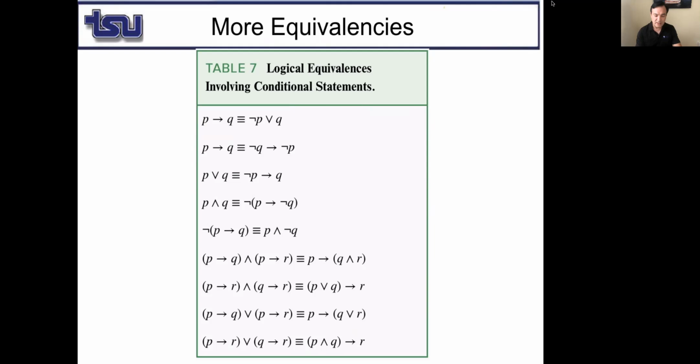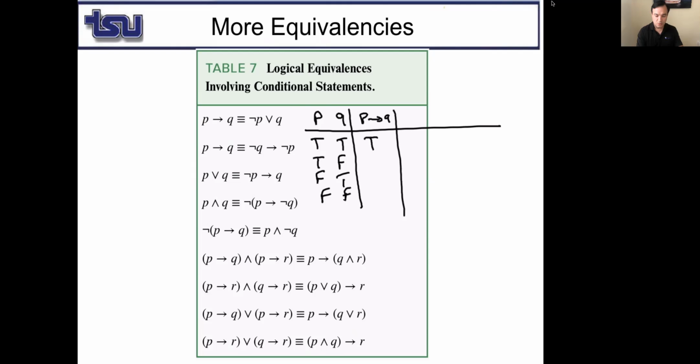So we can easily show them. If you're not sure, you can easily show it using the truth table. For example, let's do this. Let's remind ourselves very quickly. P, Q: true, true, false, false, true, false, true, false, okay? And then let's do P implies Q. We know that this is true, false, true, true.